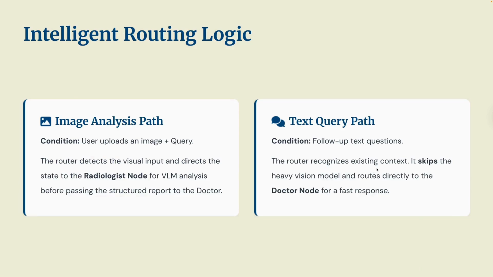Our router logic determines that if the user uploads an image, the router directs the state to the radiologist node, which is responsible for generating the medical report based on the image, and then passes it to the doctor node. If the context is a text-only follow-up question, it routes directly to the doctor node, which is responsible for generating a plain explanation for the patient.